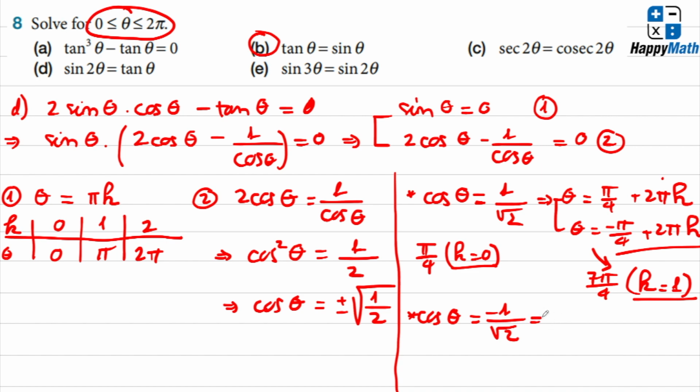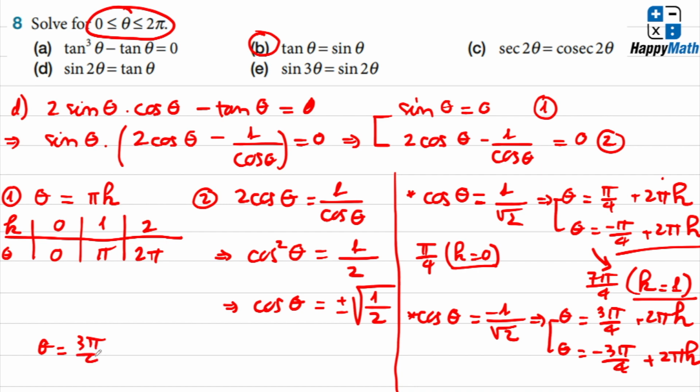The next is theta equals 3 pi over 4 plus 2 pi k, and the second is minus 3 pi over 4 plus 2 pi k. For the first, you get theta equals 3 pi over 4, corresponding to k equal to 0.